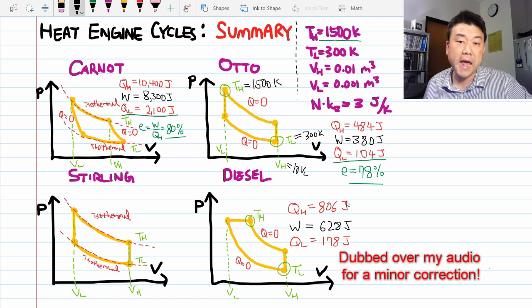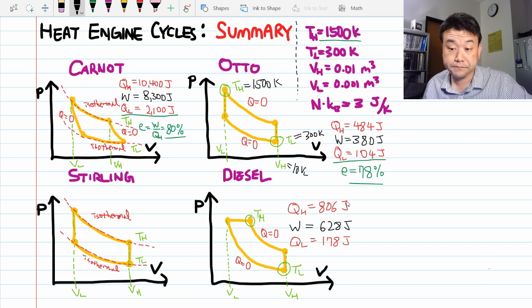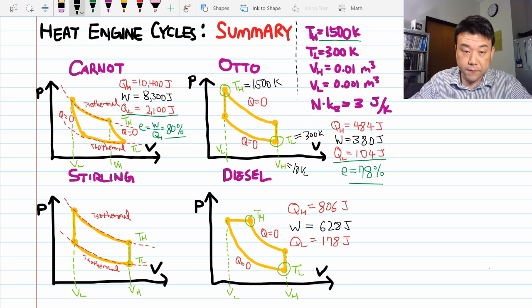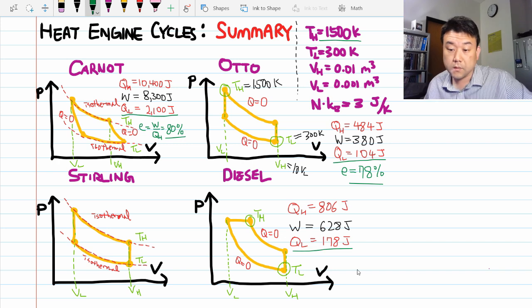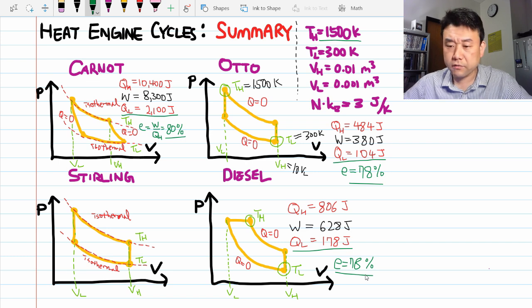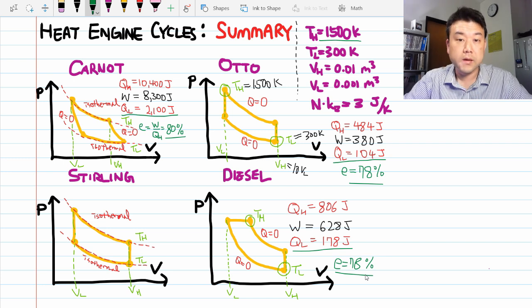And you could credit the isobaric expansion for that. The isobaric expansion does require a lot of heat. Alright, let's calculate the efficiency as before. And the efficiency is again about 78%. Now, once again, a reminder, these numbers are based on fairly high temperatures. And when you are actually designing these engines, real world considerations come into play.